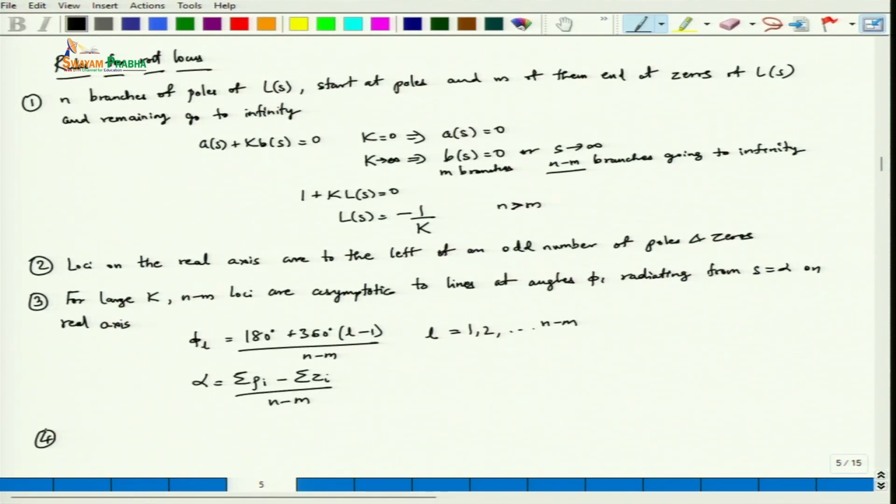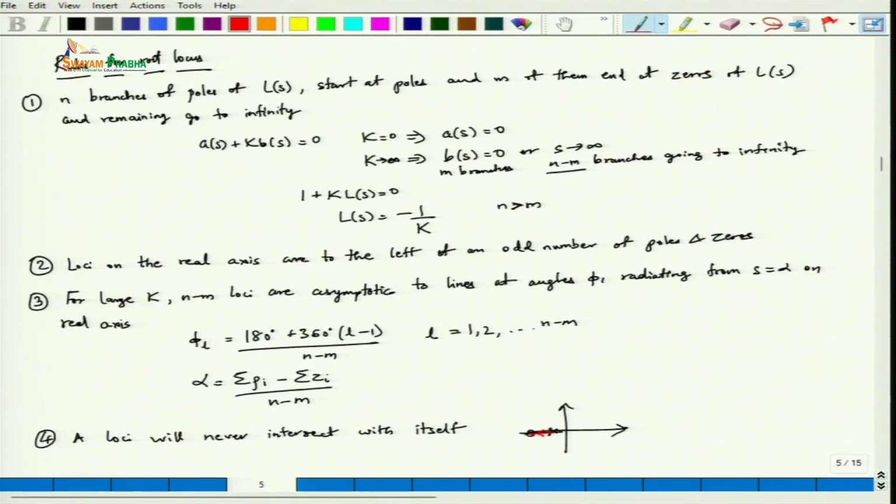The fourth point is a locus will never intersect with itself. So for example, let us consider in the S plane, say we have one pole here, one zero here, then this will go in this fashion.